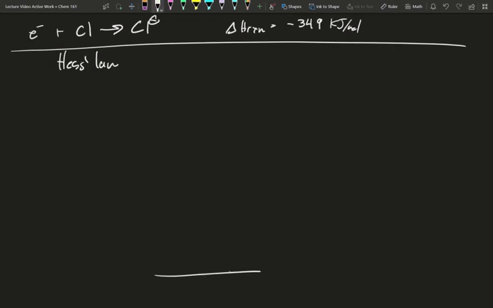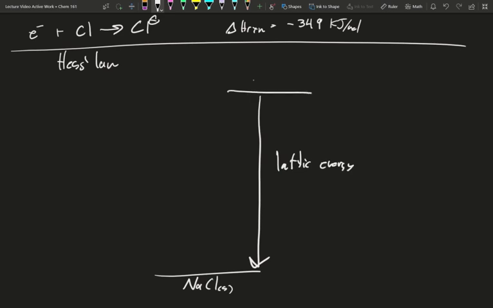I want sodium chloride solid. I want to find the energy, the lattice energy, which is our sodium ion free-floating, not attached to anything, so a gas, and a chloride anion free-floating, not attached to anything, gas, coming together.